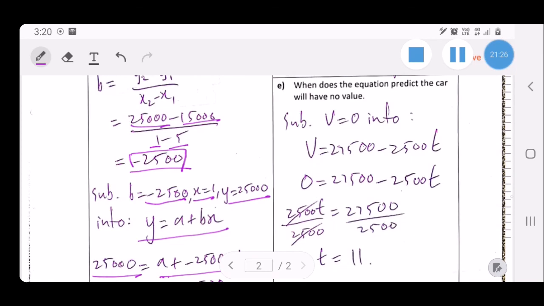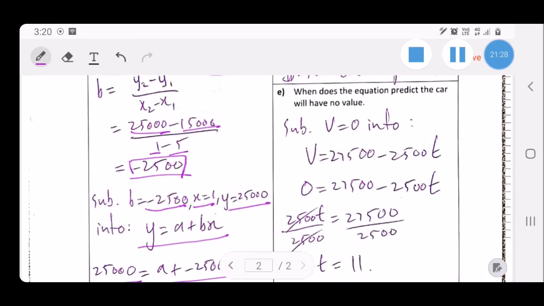And finally, is this finally? Yes. When does the equation predict the car will have no value? Well, once again, that's a sort of question students find confusing, because when means give me a time value. And students think, how am I supposed to provide a numerical answer to a question when I'm not given any numbers in the question that's being asked?